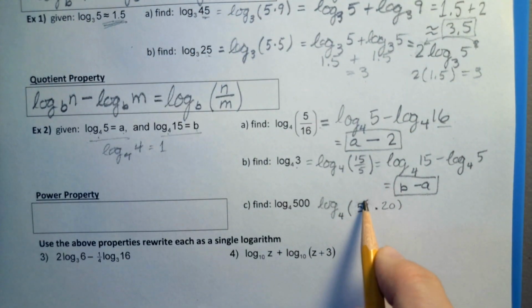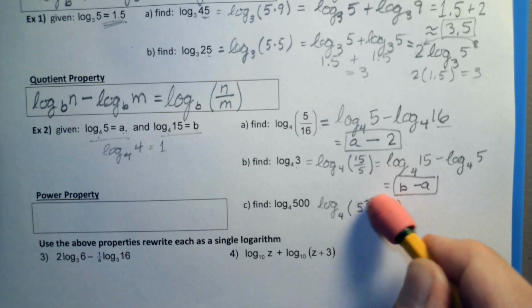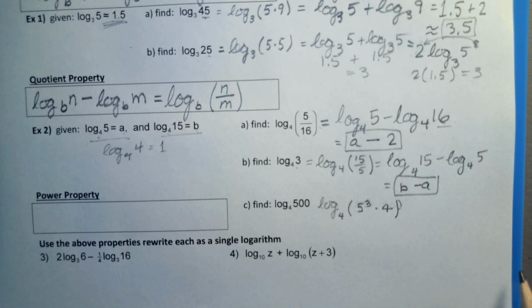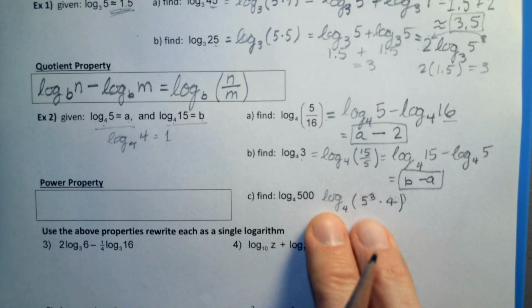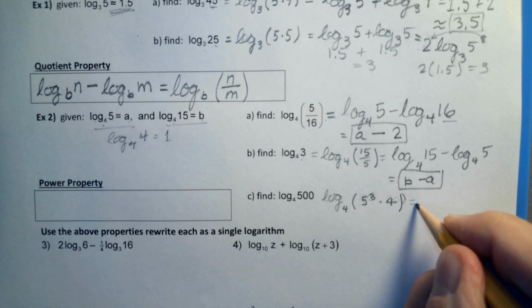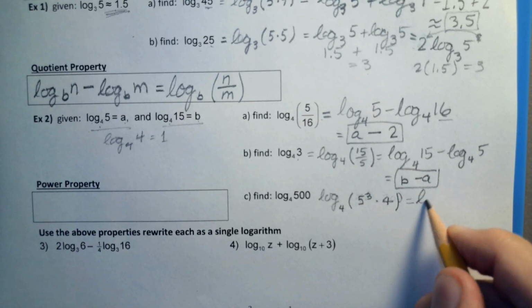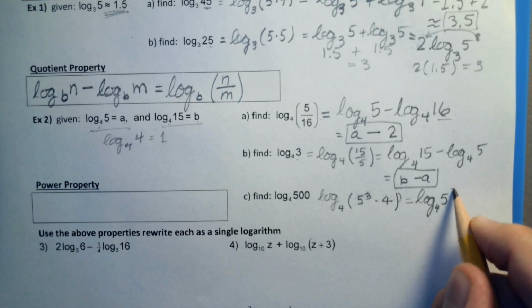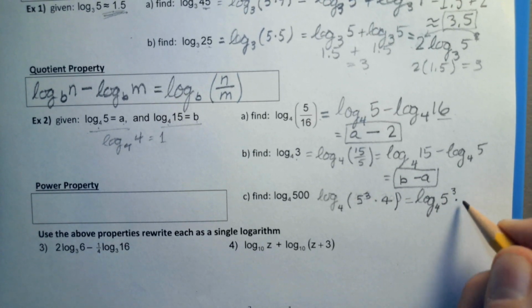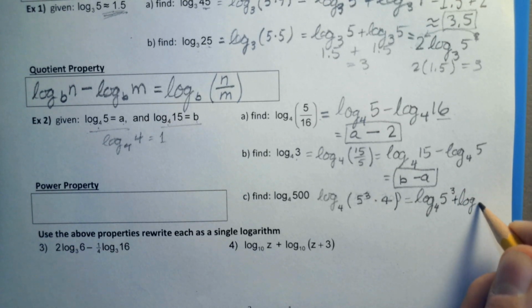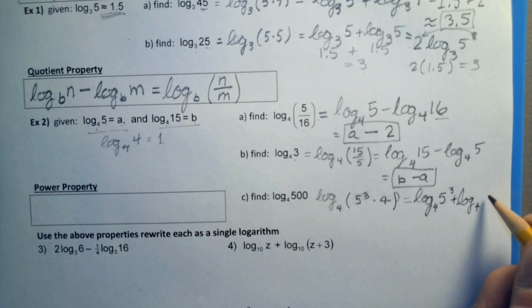I think we could do 5 cubed times 4. And we can sort of think about, okay, let's break these up. So in this case, we're not using the quotient rule, we're using the product rule. Log base 4 of 5 cubed plus log base 4 of 4.